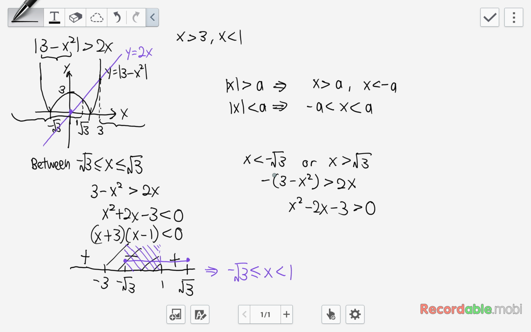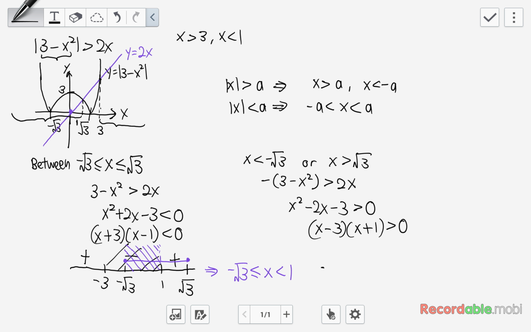So just check x squared minus 3 minus 2x. Because I want a negative 2, I'll put the negative on the 3. Negative 3x plus x will give me negative 2x, so greater than 0.